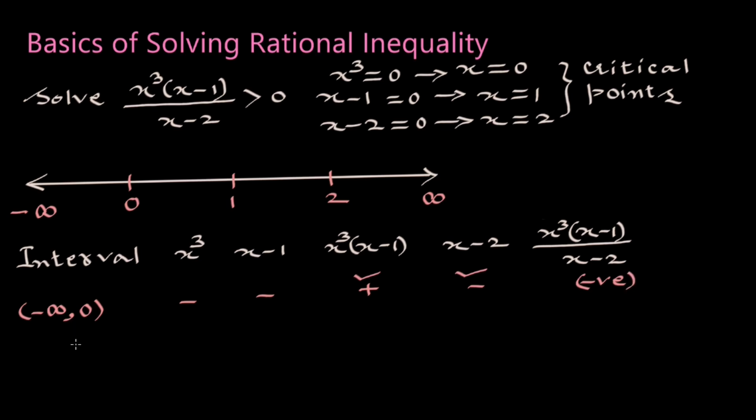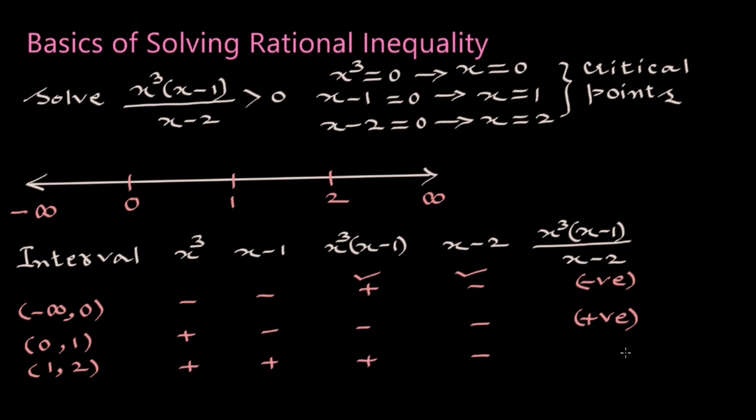Next interval from 0 to 1, x cube positive, x minus 1 negative. So x cube into x minus 1 will be negative and the denominator is also negative. So the rational function, negative upon negative, will be positive. Third interval from 1 to 2, where x cube is positive, x minus 1 is positive, so the numerator will be positive and the denominator negative.